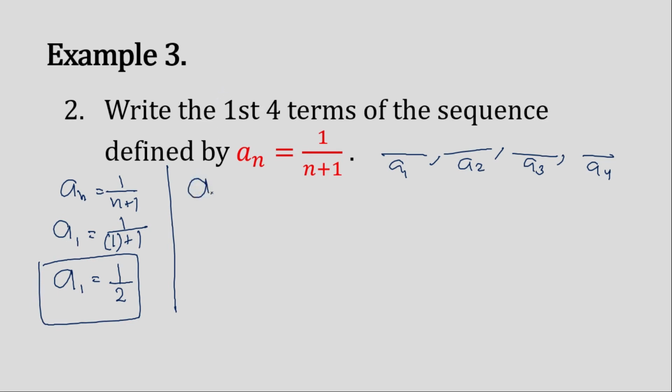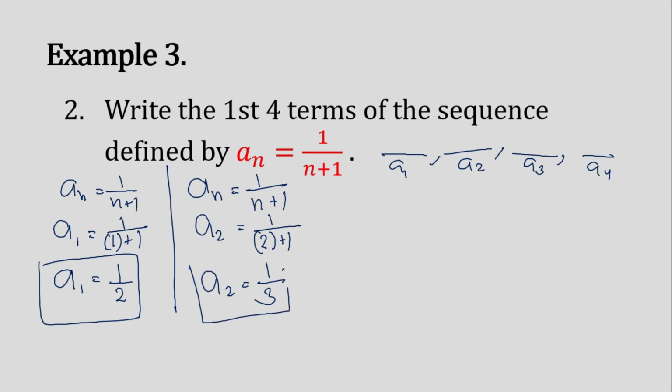Now let's solve for a sub 2. Copy the formula. Then we have a sub 2 is equal to 1 over 2 plus 1. We have a sub 2 is equal to 1 over 3. So that is the second term. Now let's go to the third term.